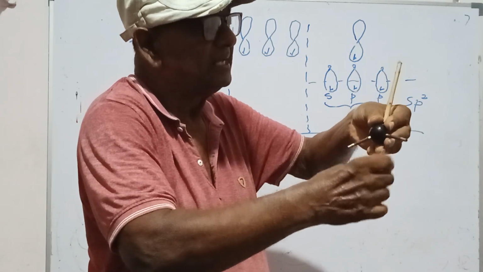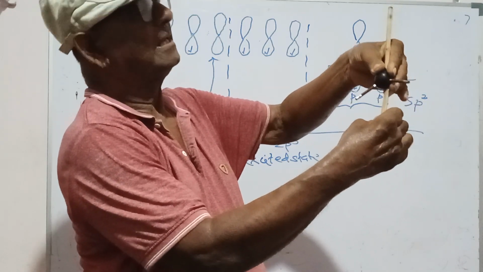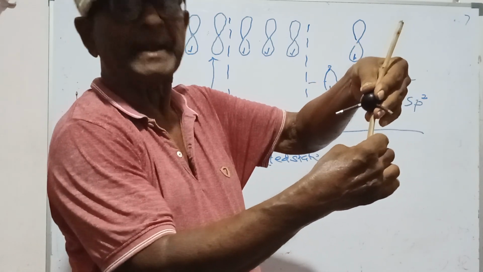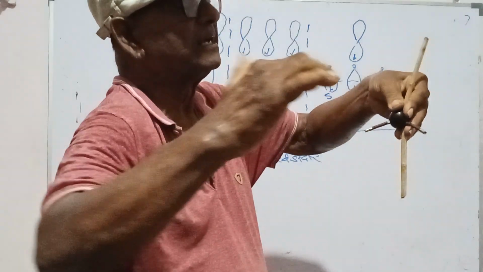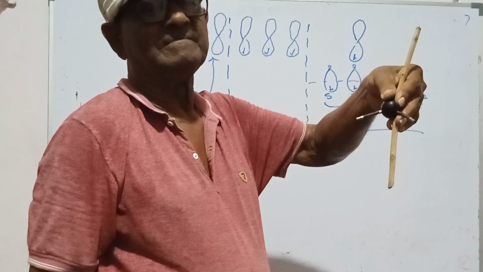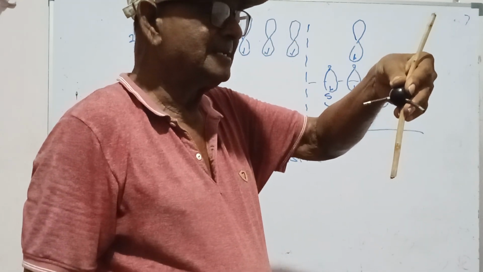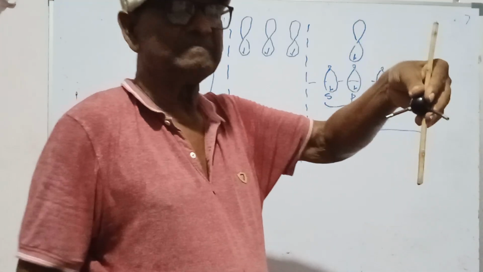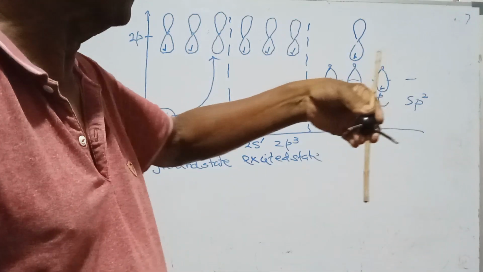The large unhybridized orbital lies perpendicular to that plane. These are the two lobes, perpendicular to that plane. This is the unhybridized p orbital. Do you understand the arrangement? It is different from the sp3 hybridized carbon atom. Then I'll draw the diagram of this arrangement.